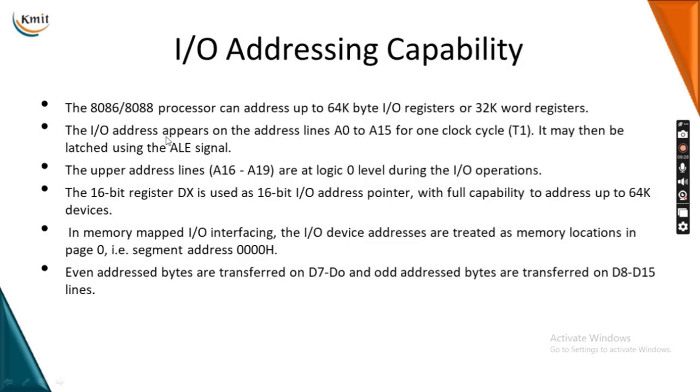So you can see here, the 8086 processor can address up to 64 kilobytes of IO registers, or 32 kilo word registers, because we have a 16-bit IO address, which is 2 power 16.